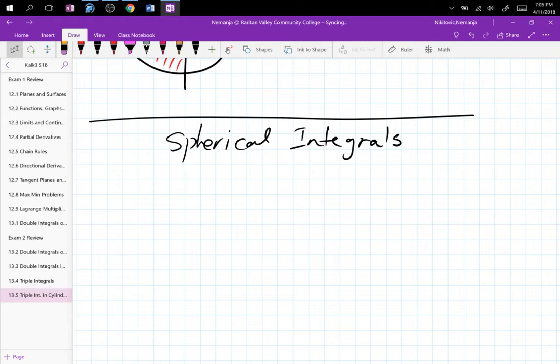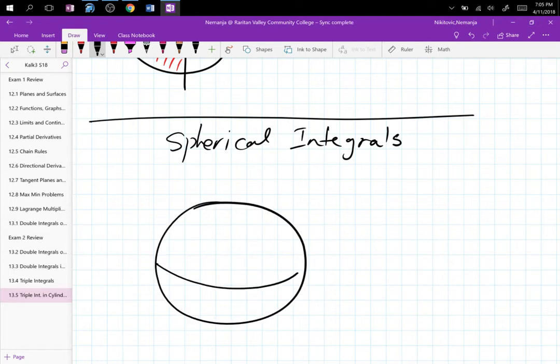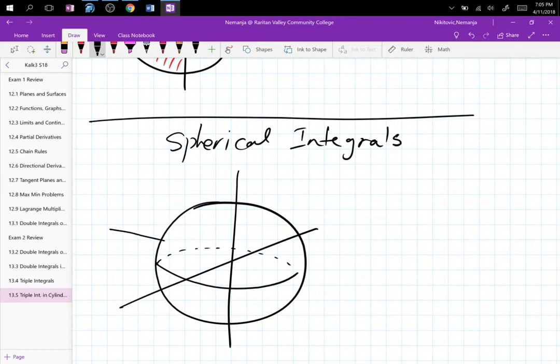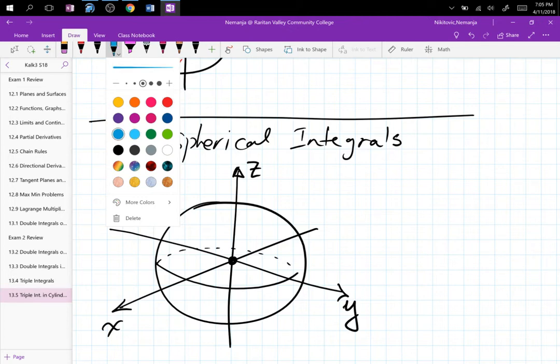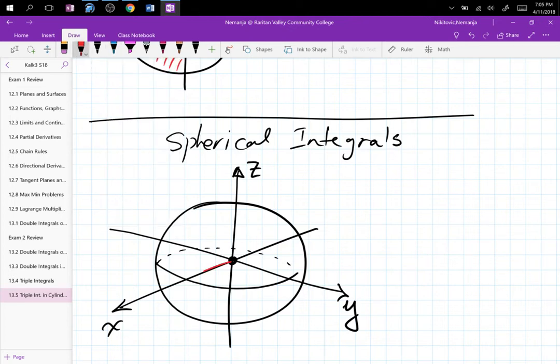So our spherical coordinates are going to operate in a sphere. In this sphere, I have the origin that has your x, y, and z intersecting at 0, 0, 0. What I am going to do is draw the radius.